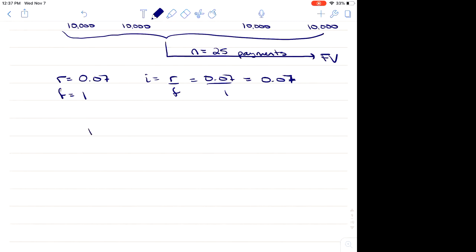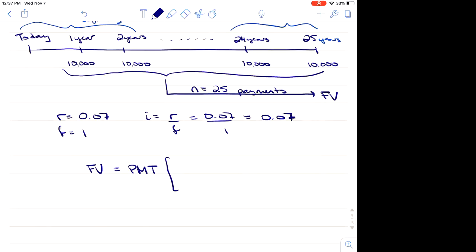So now I can use the future value formula. The future value is the payment amount. So the amount of each of these payments is 10,000 times... You'd have to use the future value formula because we don't know the future value; the present value is 0, right? She started with 0. That doesn't do anything for us.